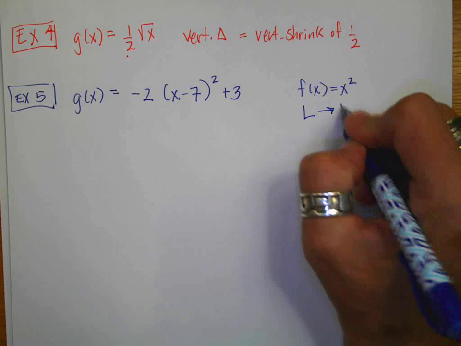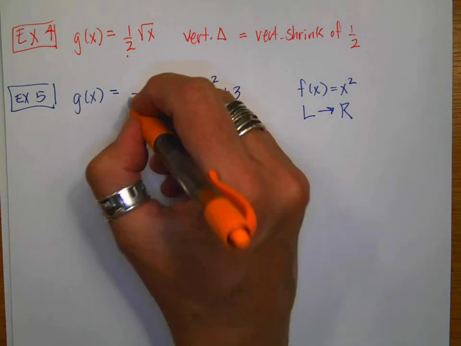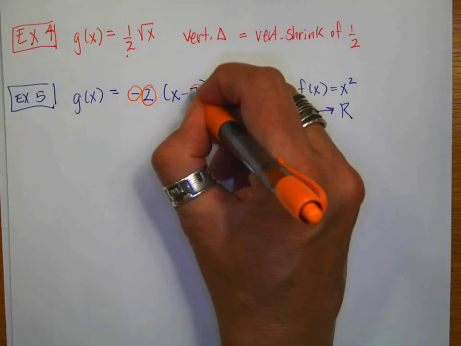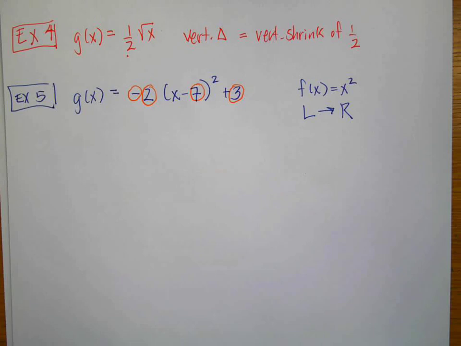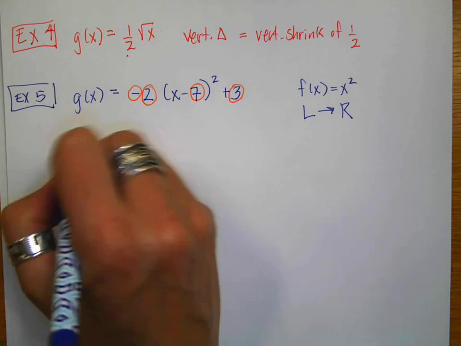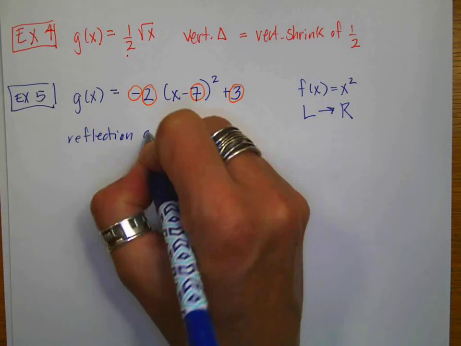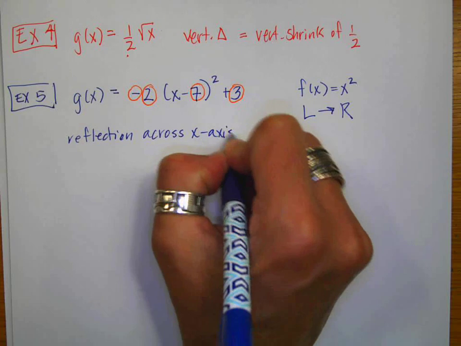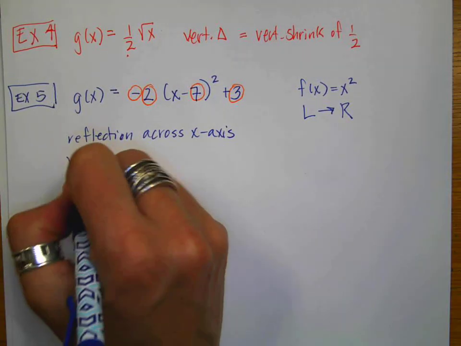Remember that when we report transformations, we go left to right. So I'm going to circle the individual things that we have going on. There's the first thing, there's the second, third, and fourth. So the first thing that I have going on outside the function is a reflection across the x-axis, which means that it's turning this cute little parabola upside down.